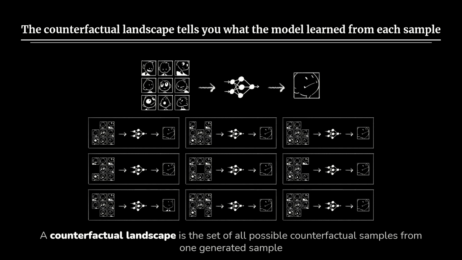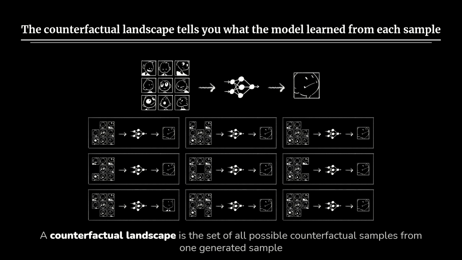The bottom 9 panels illustrate the 9 different counterfactual scenarios that you can obtain, each of which is one where you remove a piece of the training data, you retrain the model, and then you use the same randomness to regenerate the 9 different counterfactual samples. These 9 counterfactual samples make up the counterfactual landscape. And that, in total, tells you a story about where the model learned to generate what it generated.